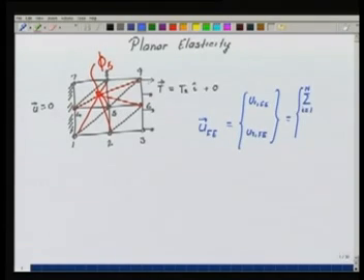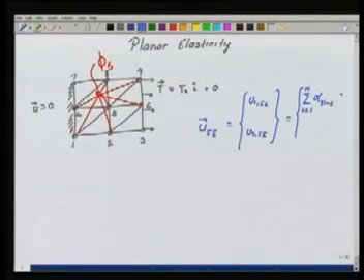I may have n nodes in the domain, n is equal to 9 in this case, and the way we had defined them is alpha 2i minus 1 phi I was U1 FE, and U2 FE was some alpha 2i phi I, where we said that corresponding to every node there are so called 2 degrees of freedom, that is the alpha 1, 3, 5, 7, 9 and so on, they correspond to U1 FE, alpha 2, 4, 6, 8 and so on, they correspond to U2 FE.